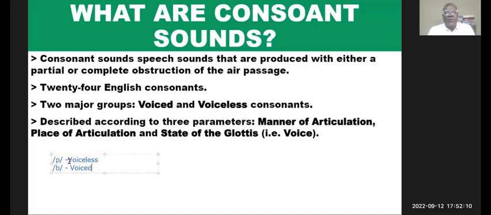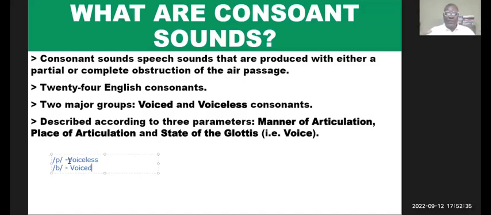So we won't go into the deep technicalities of what happens within the vocal cords, the air passing through the glottis, and how the valve-like organ, which is called the vocal cords, either close or open.